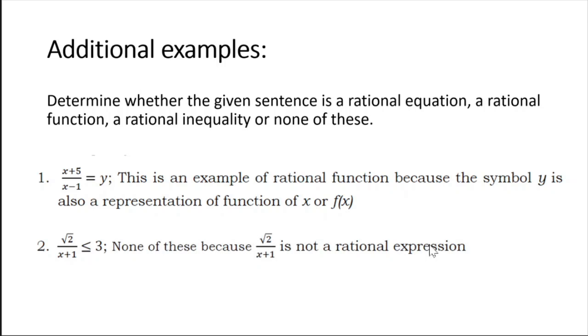Then number 2, square root of 2 over x plus 1 is less than or equal to 3. The answer is none of these, because square root of 2 over x plus 1 is not a rational expression, since square root of 2 is not a polynomial expression.